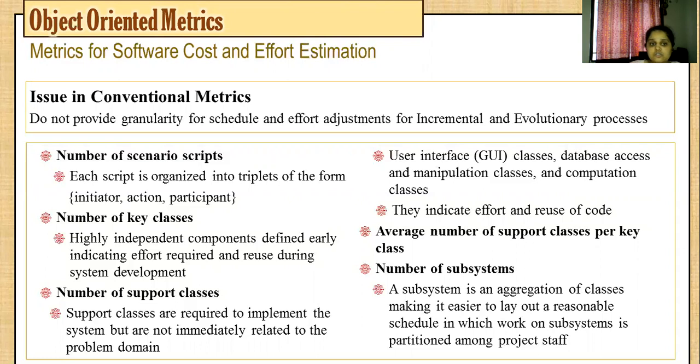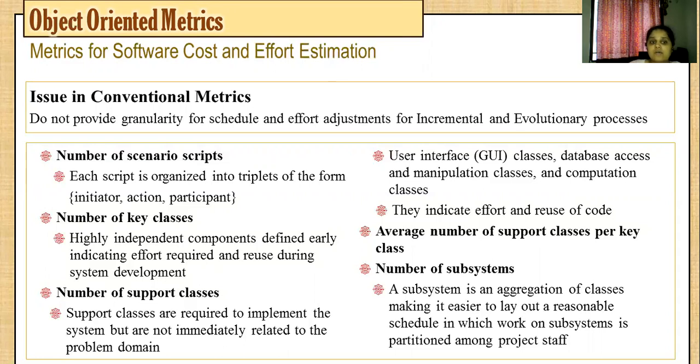Use case is the features of your system. So features of your system are initiated by someone, some response is given as per action, and participant is the one who is helping to complete the whole process. So every scenario is listed into triplets, that is initiator, response, that is action, and the person who is helping to successfully do the scenario.